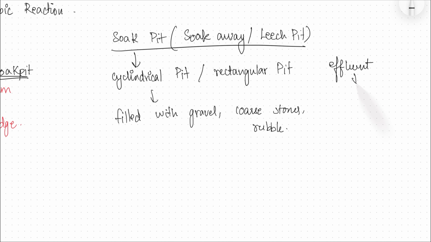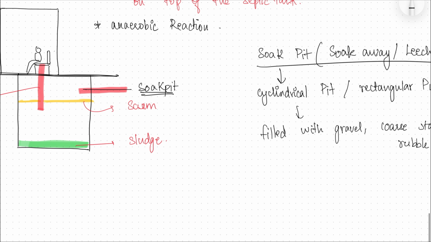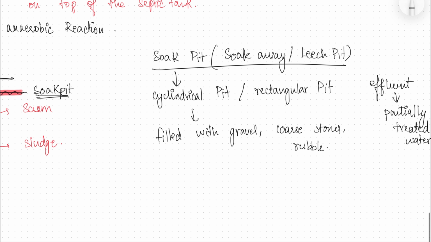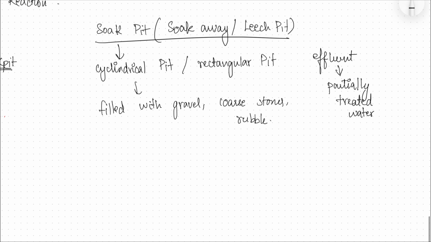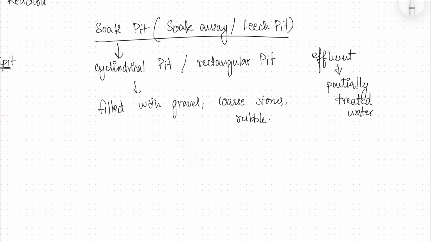So, what happens is when they release the effluent, and effluent means partially treated water, it passes through this gravel, coarse stone, rubble material. It passes through all this filtration, and then it is slowly let to percolate to the surrounding soil.